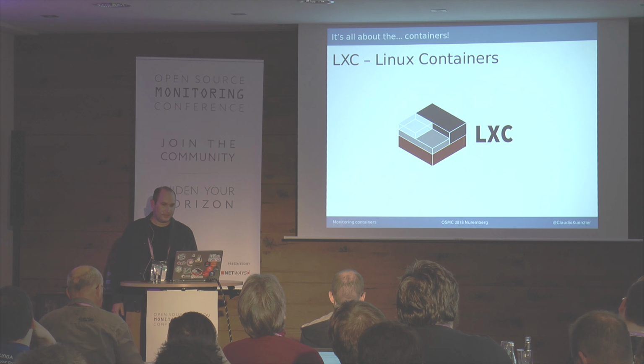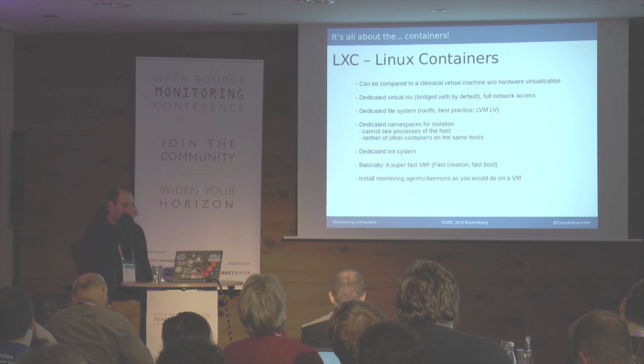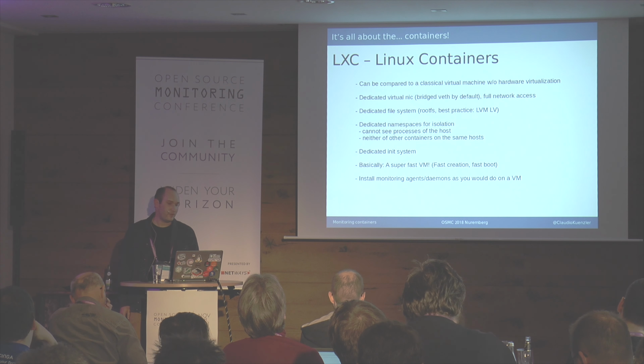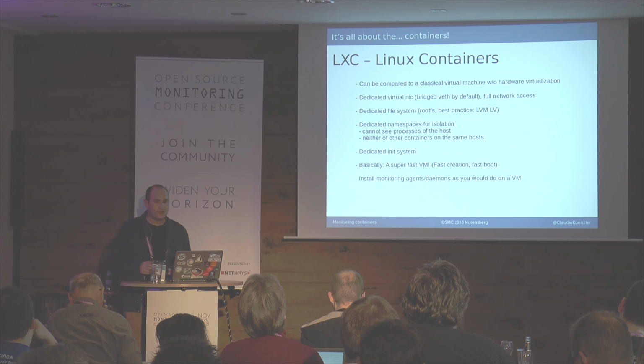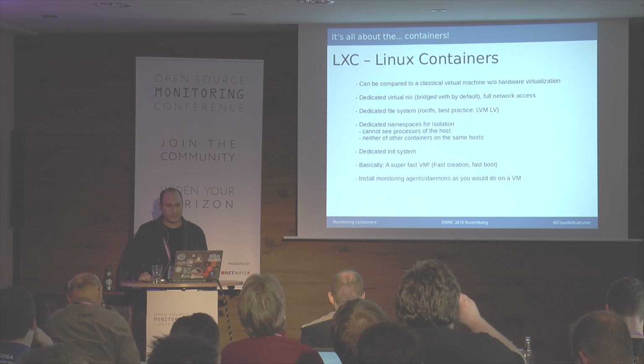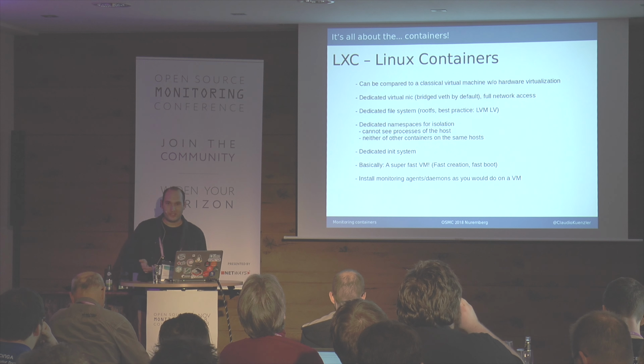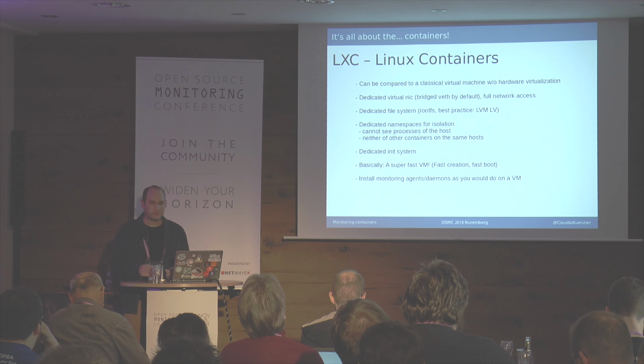Let's start with LXC. So, as I said, LXC can be compared to a classical virtual machine, like a lightweight virtual machine. We don't have the hardware virtualization, which we gain speed from the direct access to hardware. We usually have a dedicated virtual NIC, which is a bridged virtual NIC into the container.